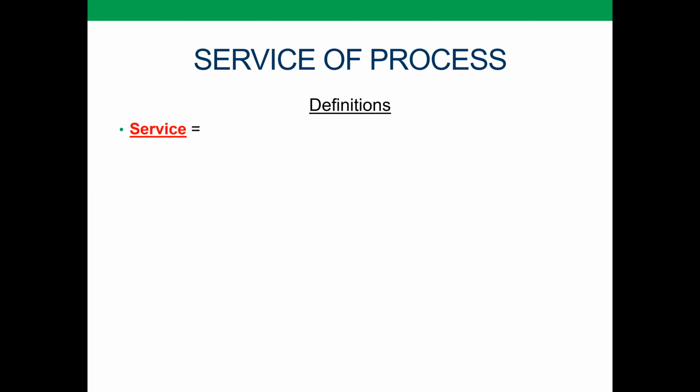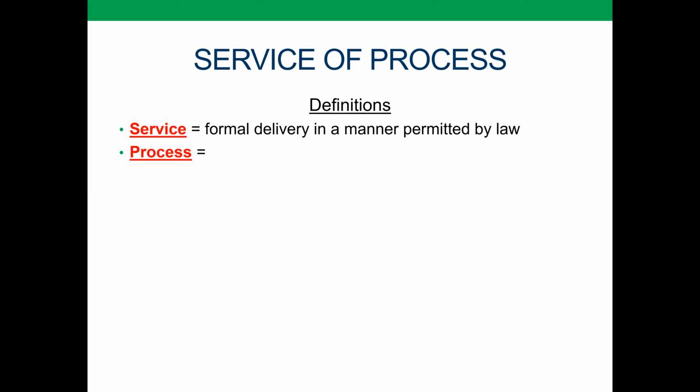So, to set the stage for service of process, I want to give you a little bit of terminology here. First of all, the term service. In this context, service means formal delivery in a manner permitted by law.